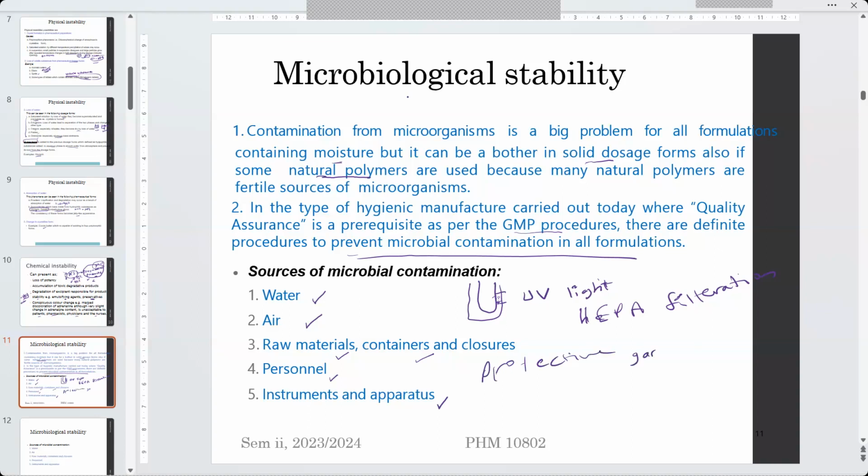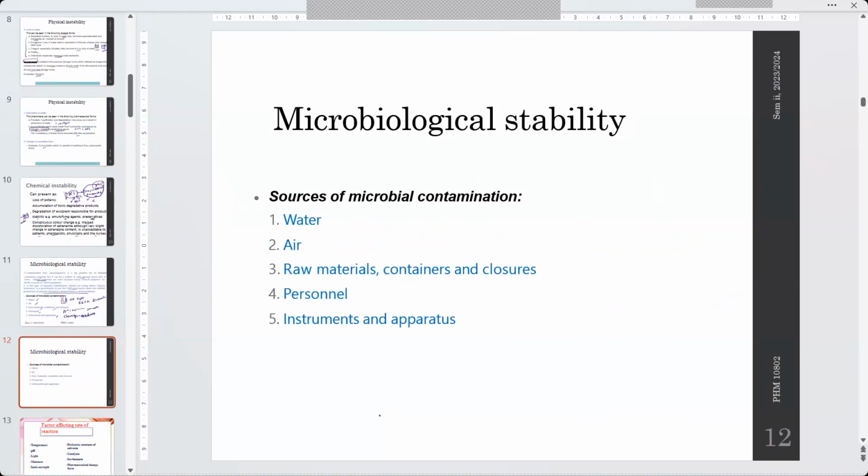They wear overalls, gloves, masks, and so on. For instruments and apparatuses, we have clear cleaning procedures to ensure they will not contaminate either with remainings from the previous batches, chemicals, or with microorganisms.